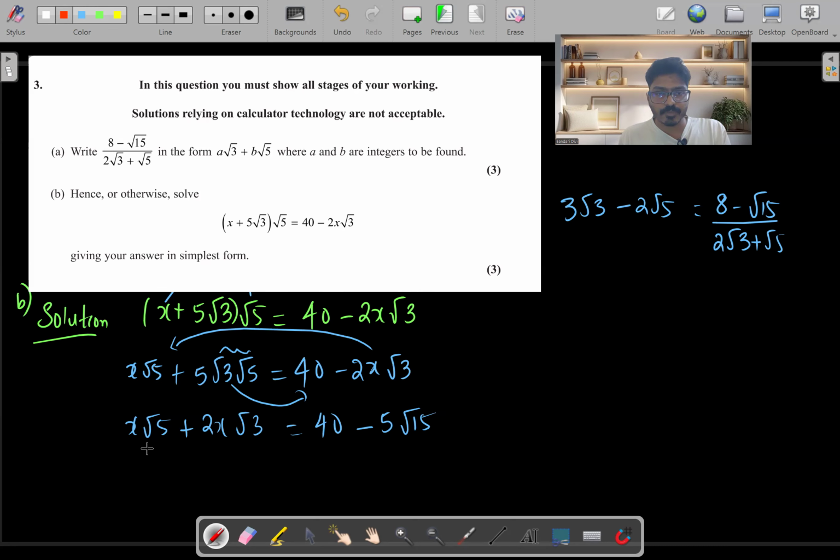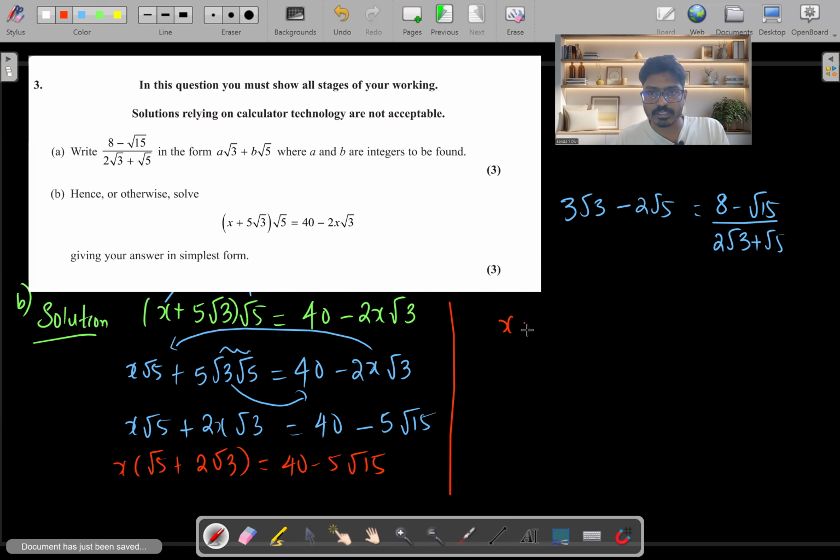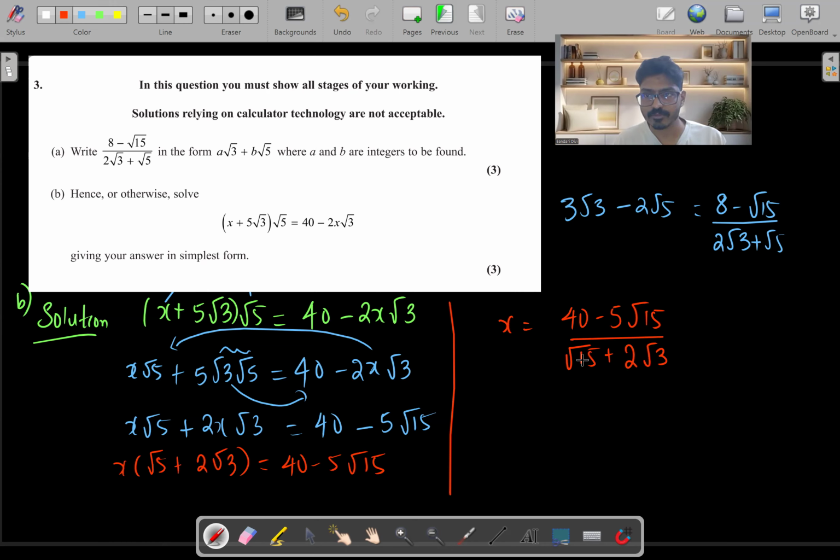Now finally, I can take x common here, root 5 plus 2 root 3, which is equal to 40 minus 5 root 15. Now I can write it as x is equivalent to 40 minus 5 root 15 divided by root 5 plus 2 root 3.